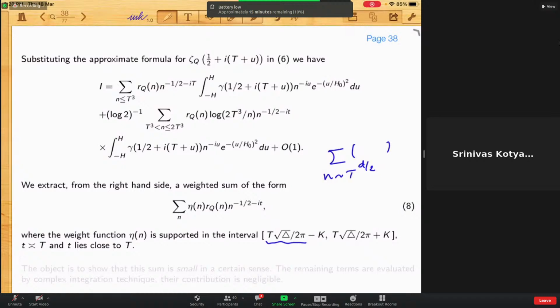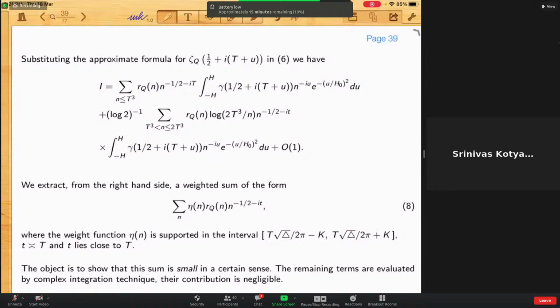So here we extract this sum, this critical sum, and this k. What is this k? K and h are related by this thing, that k times h should be around t. This is the relation. So you want to show a gap of h, then you need to estimate this one around capital T in an interval of length capital K. Okay.